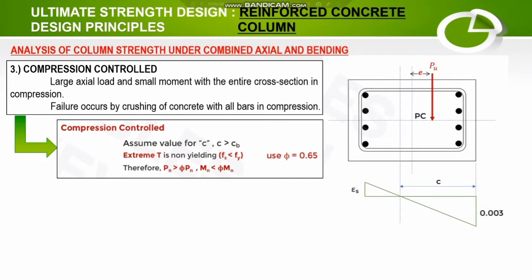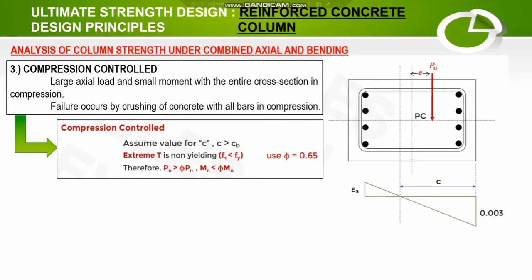Another possible condition that a column may experience is the so-called compression controlled. Compression controlled may occur when there is a large axial load and small moment with the entire cross-section in compression. That's why failure occurs by crushing of concrete with all bars in compression. For the compression controlled, we will assume the value of c.